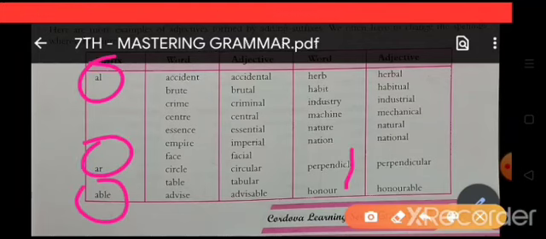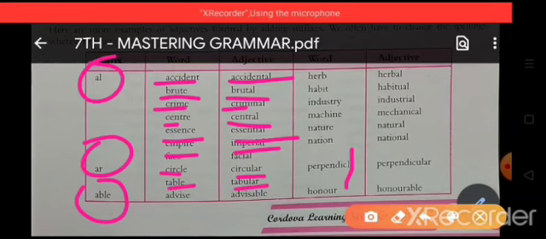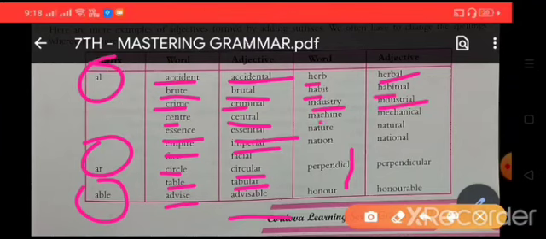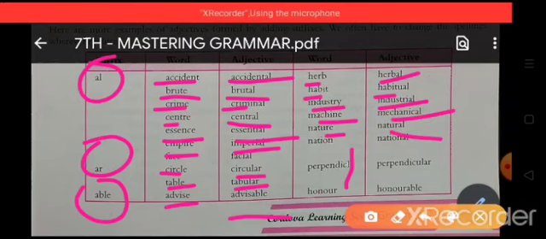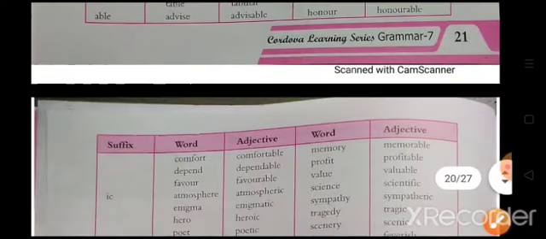Accident becomes accidental, brute becomes brutal, crime becomes criminal, center becomes central, essence becomes essential, empire becomes imperial, circle becomes circular, table becomes tabular, advice becomes advisable, herb herbal, habit habitual, industry industrial, machine mechanical, nature natural, nation national, perpendicular, and honor and honorable. So this way we can change the word.